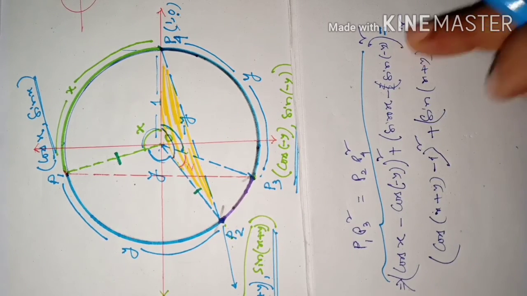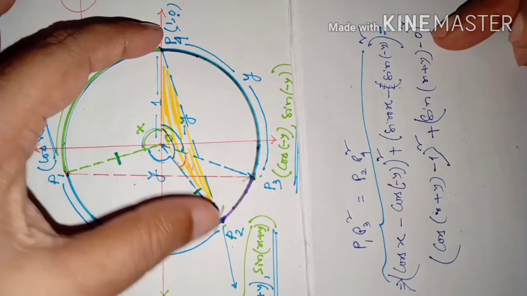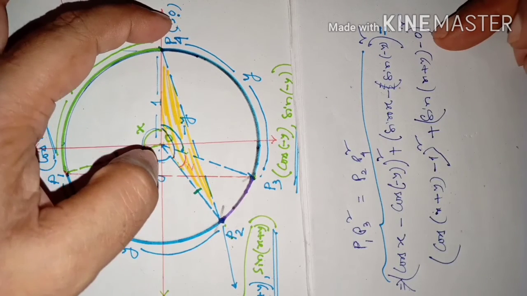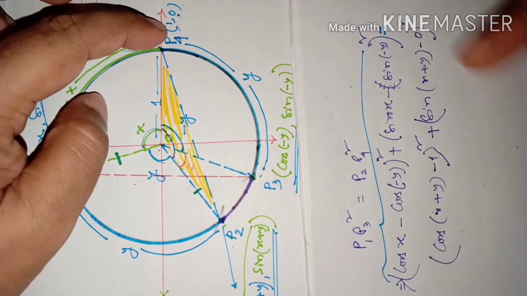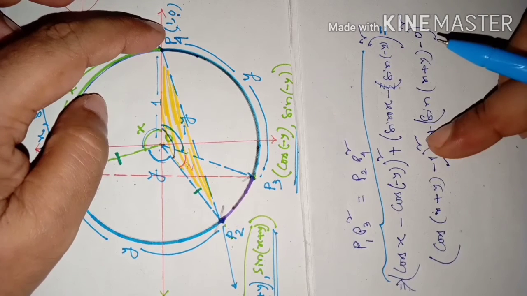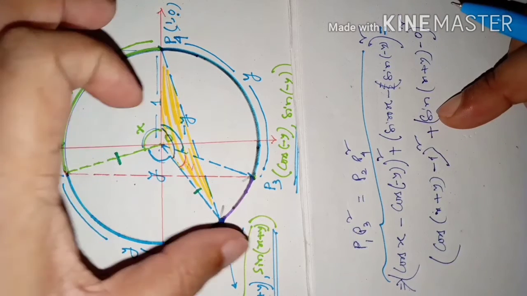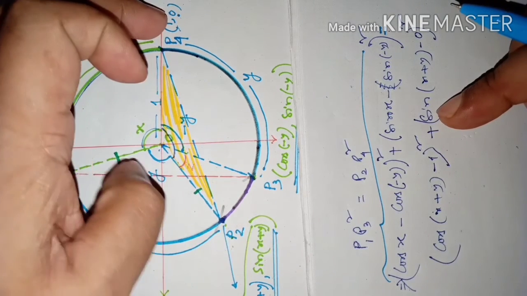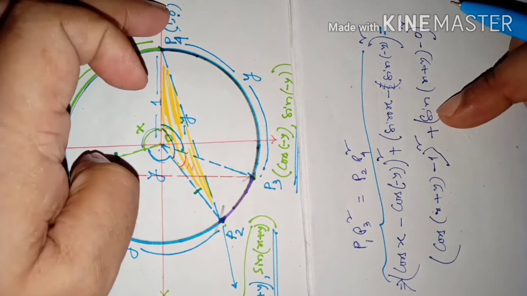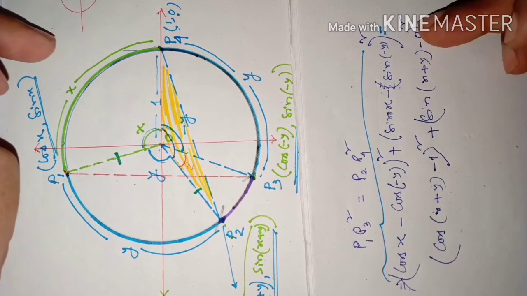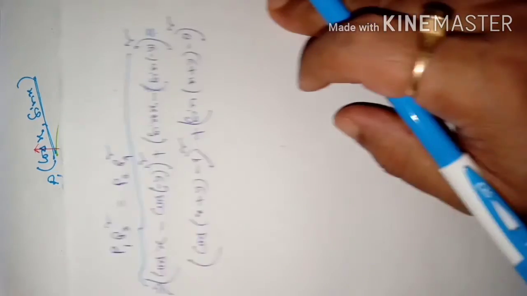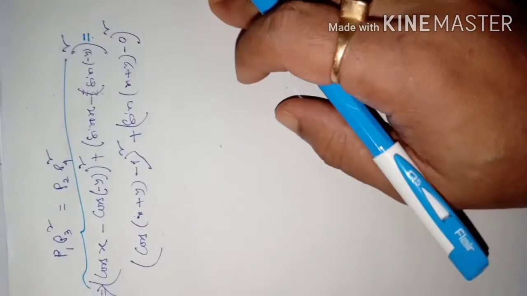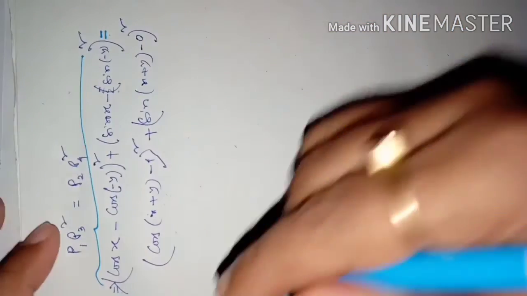After that P2P4 whole square: abscissa minus abscissa whole square, abscissa cos of x plus y, abscissa here 1, so cos of x plus y minus 1 the whole square plus ordinate sine of x plus y, and ordinate here 0 in the P4, so sine of x plus y minus 0 the whole square. Clear, dear students? After that again we will not look at the diagram, so I will just be simplifying this whole expression.